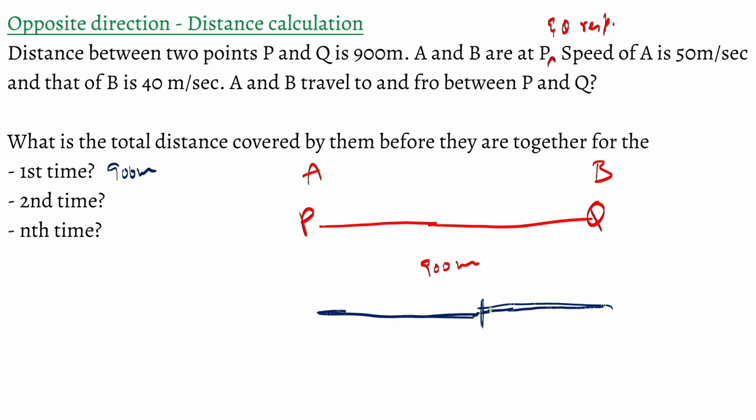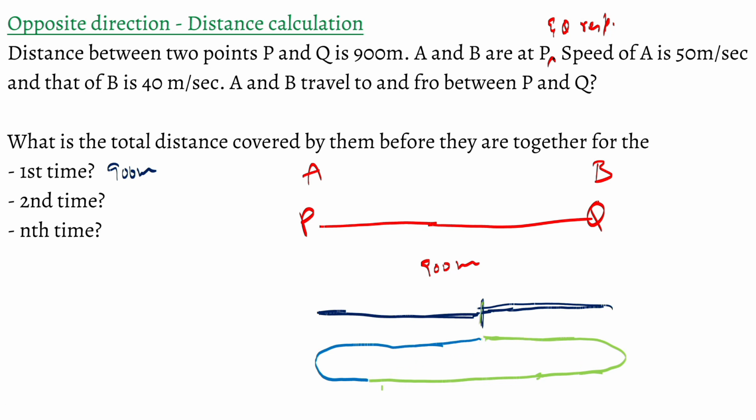So after meeting, A again moves from here to here, and again it takes the U-turn, and in the meanwhile B resumes his journey from here and then turns again, and A travels from here to here.